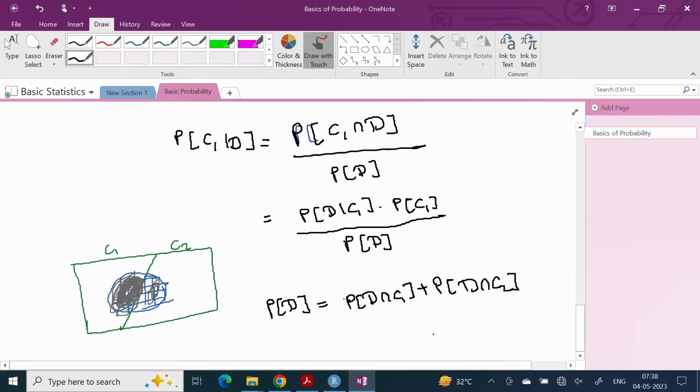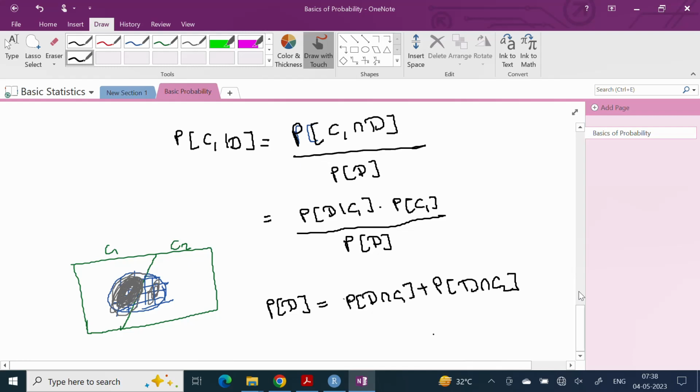Remember, this can work only if my C1 and C2 are disjoint. Disjoint means they don't have anything in common. Then only this half and this half of the blue circle will have nothing in common, and hence I can write the total probability of the blue circle as the addition of the probabilities of these two parts.